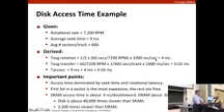The rotational rate is also on the order of milliseconds, because there are mechanical limits in how fast you can spin these around. The transfer time is very small, orders of magnitude smaller, because you just have to read the bits in one sector. So the total access time is dominated by seek and rotational latency.